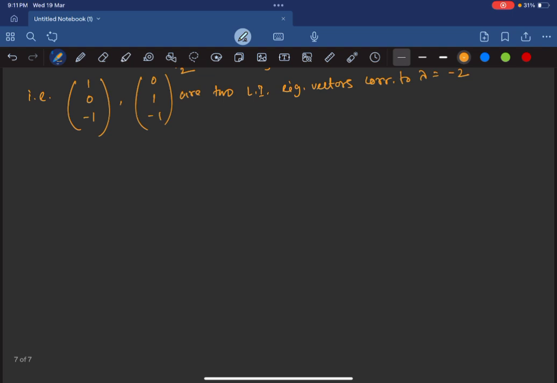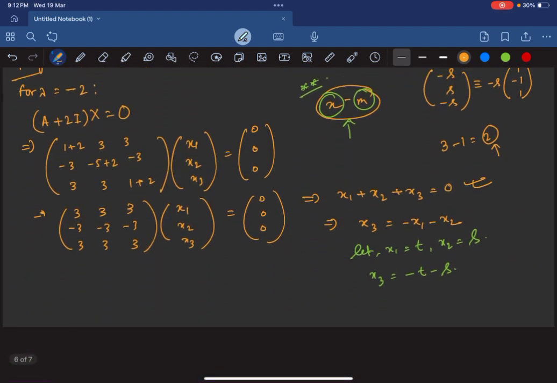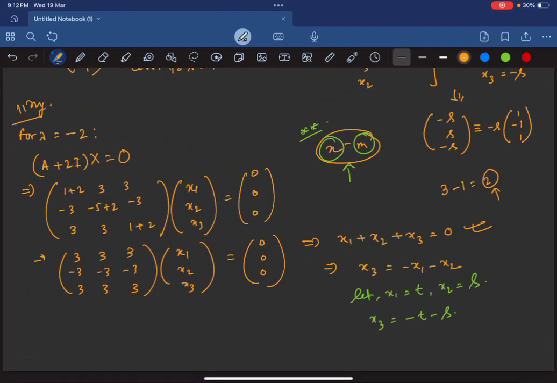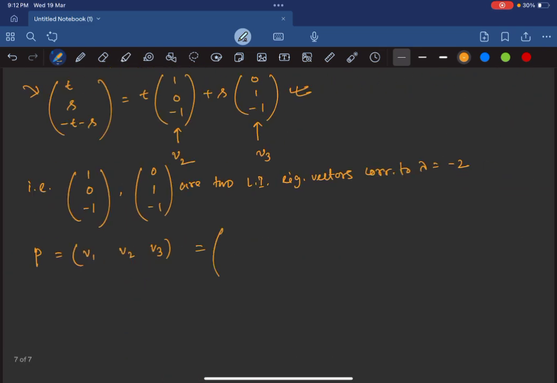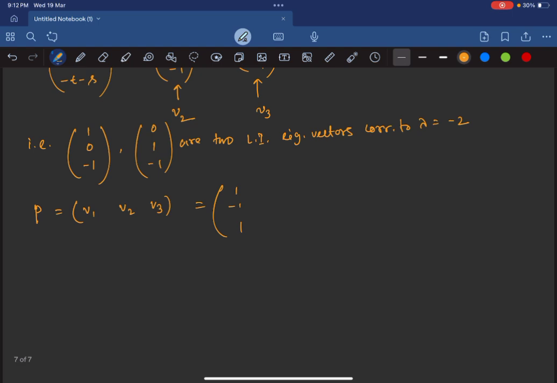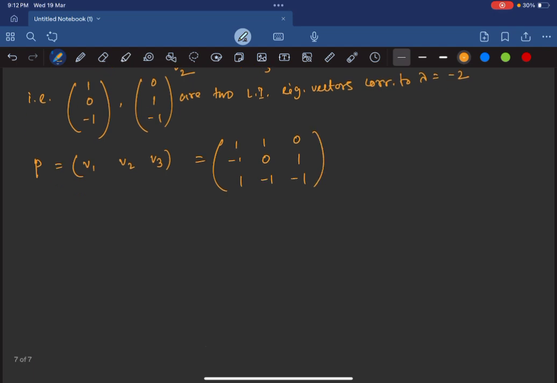So now P is going to be, what is P? P is v1 v2 v3. Just write down those. v1 is (1, minus 1, 1). Here you have (1, 0, minus 1) and (0, 1, minus 1).